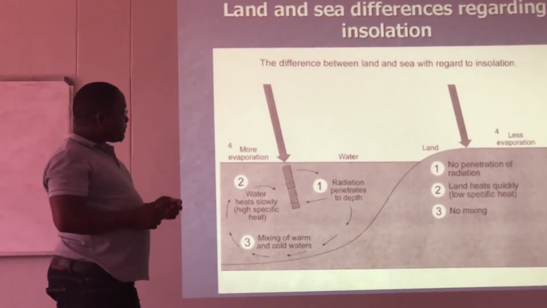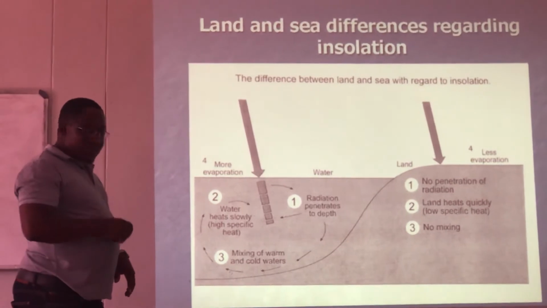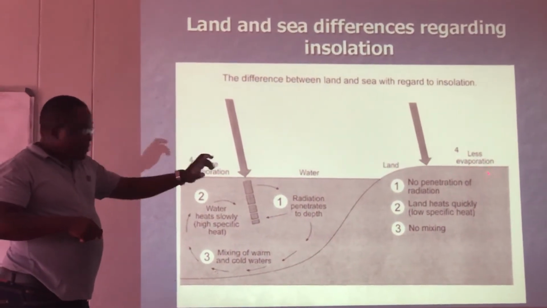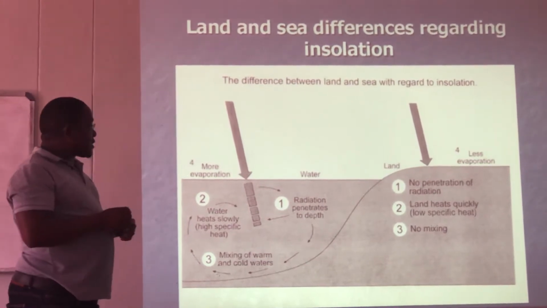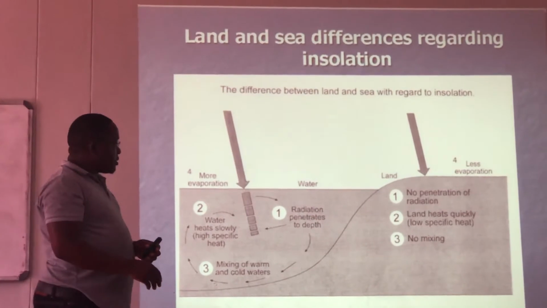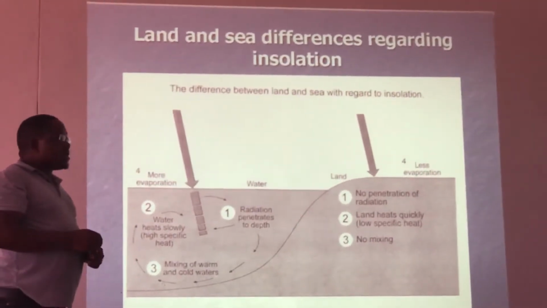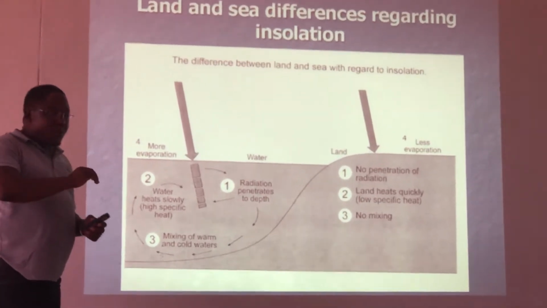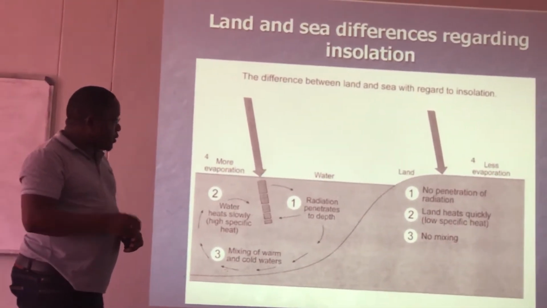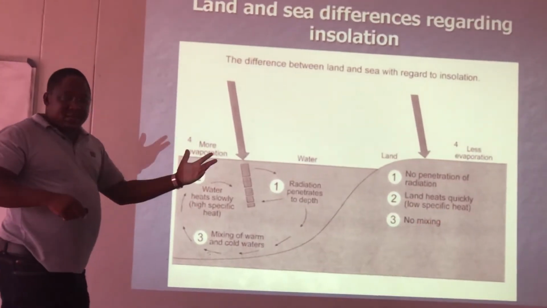For example, during summer, when you have insolation coming in, hitting the Earth's surface, not water but land, such radiation is not penetrating into the Earth's interior. As a result, it would easily warm up the upper layer of the soil surface, so the soil would be extremely hot. And there isn't any mixing taking place.